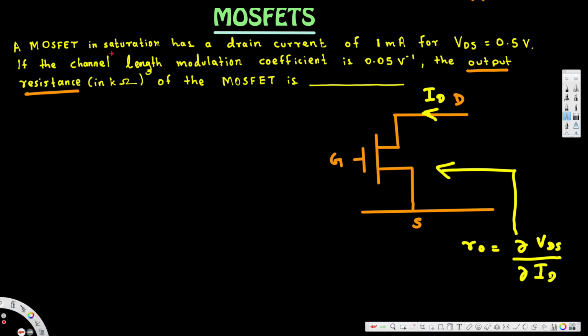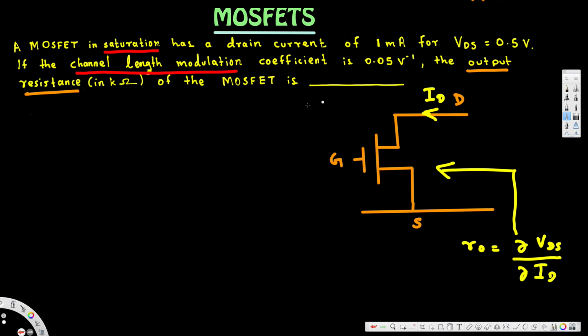Here we have the MOSFET in saturation and it's also going through the channel length modulation effect. When we have this condition, the drain current equation is going to be this one. But before I write that, let's mention this.